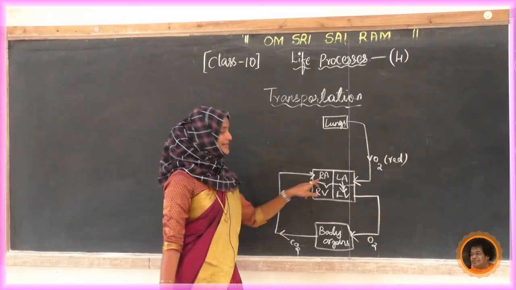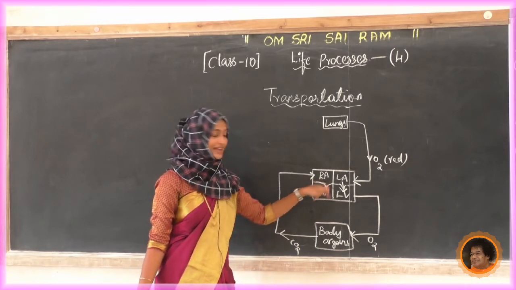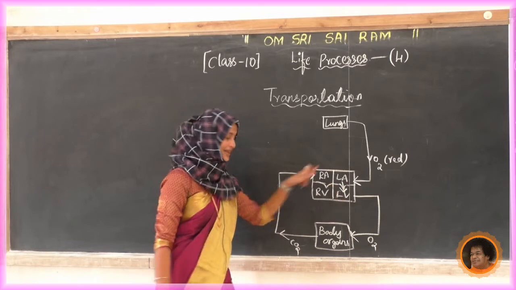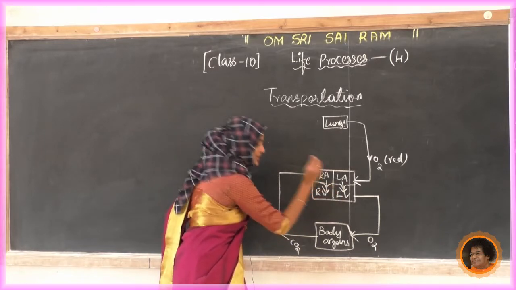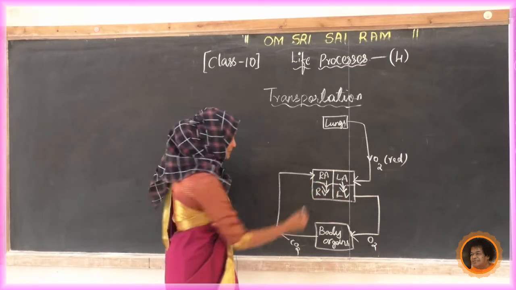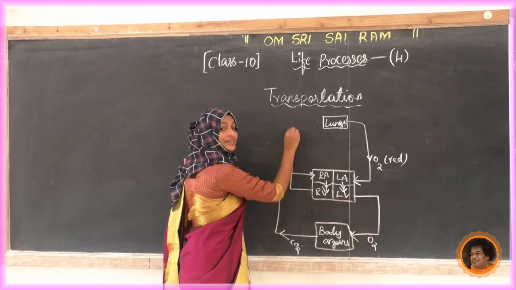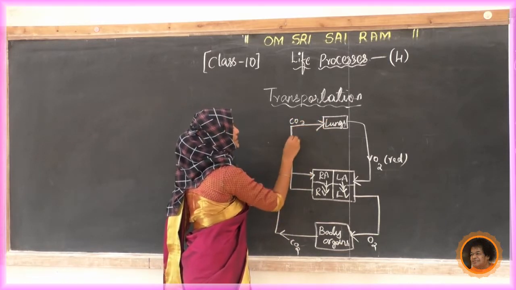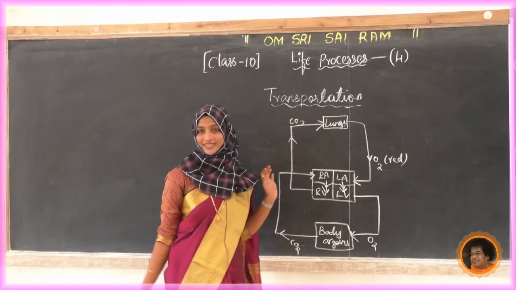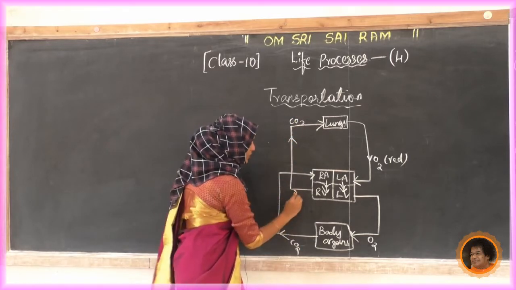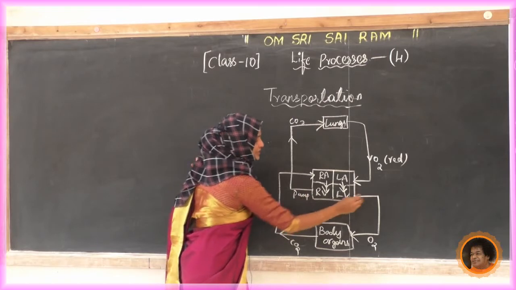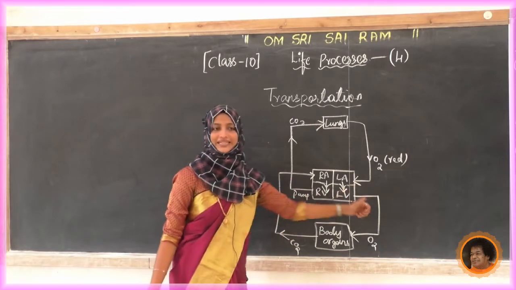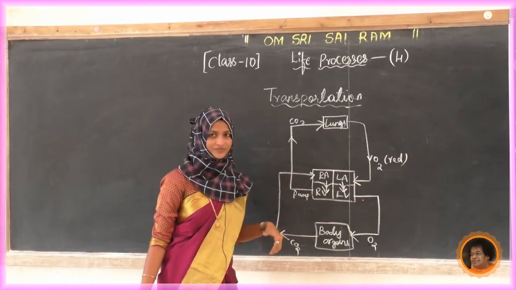Now it reaches to here. Same thing that happens here is going to happen over here. Next, because of the pumping, it reaches the lungs, that is the carbon dioxide with the blood. Here also you can write pumping. Here also because of the pumping only it is coming down.